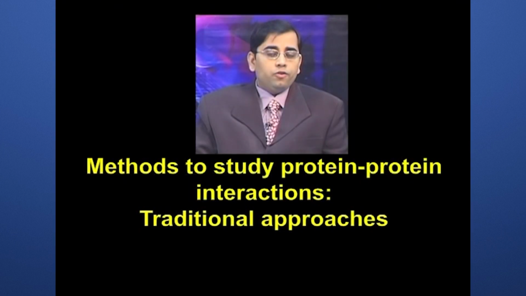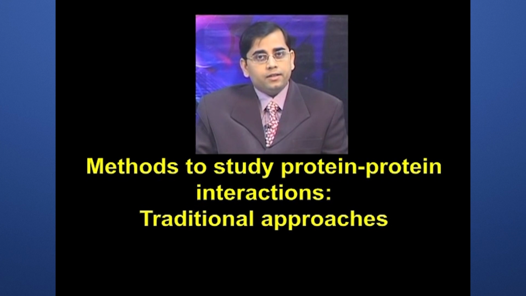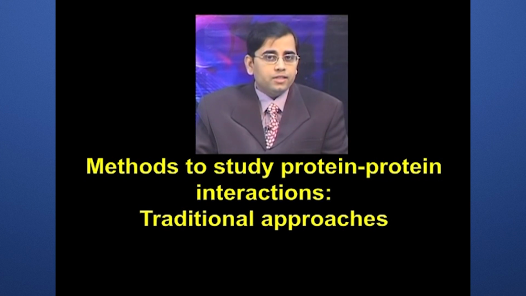So, the traditional ways of studying protein-protein interactions involve yeast two-hybrids and immunoprecipitations. These are two widely recognized technologies which have been used to map protein-protein interactions at large scale.